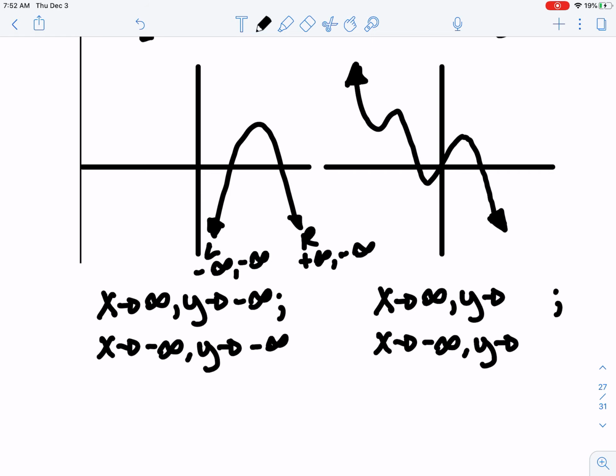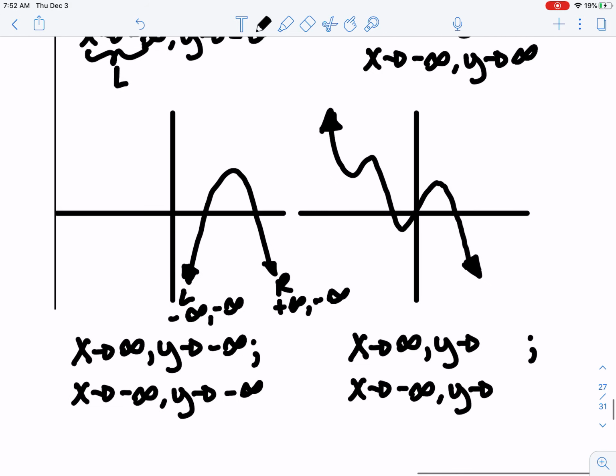Then you just put your infinities accordingly. Last one is x. So this is my left, which is negative infinity. This is my right, which is positive infinity. This one's pointing up towards positive infinity. This one's pointing down towards negative infinity.